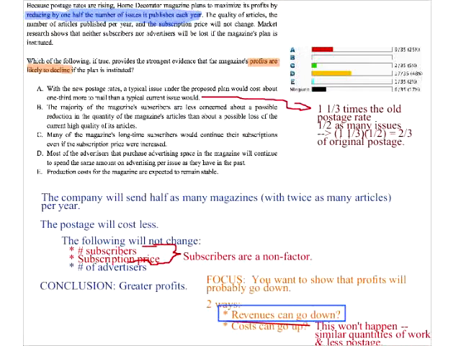So if you get general concepts like percent and absolute number without specified values, then you want to think conceptually. But if they hand you specific numbers, then by all means, go ahead and do a couple of quick calculations and see what happens. So you have half as many issues.